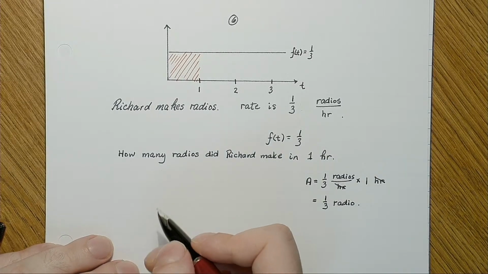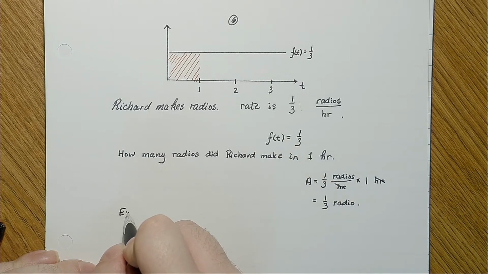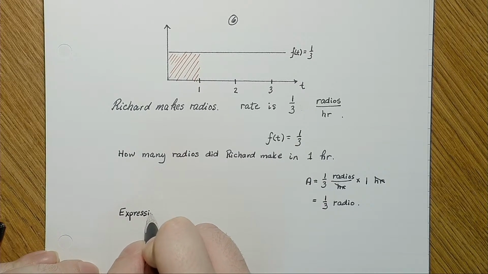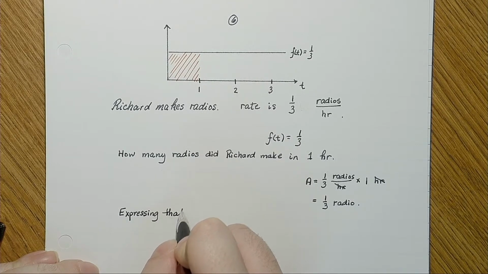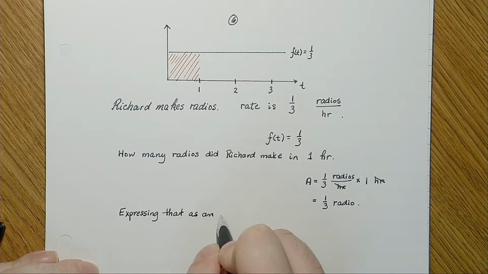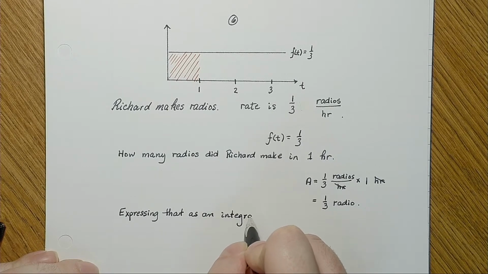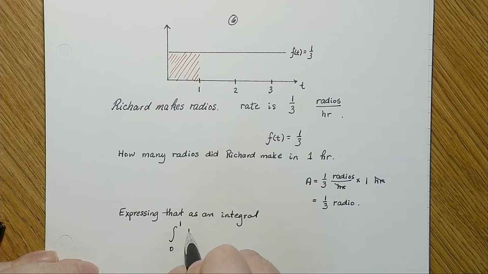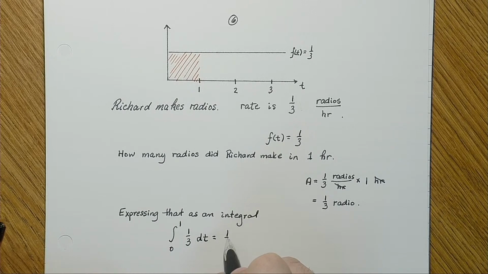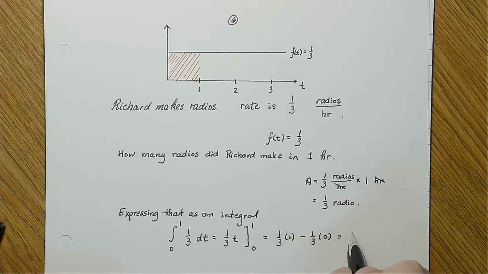Now to express that with an integral, if we integrate that rate, what I get is 1/3 t from 0 to 1. I get 1/3 times 1 minus 1/3 times 0, so that equals what we wanted.